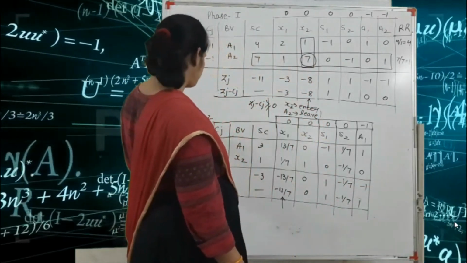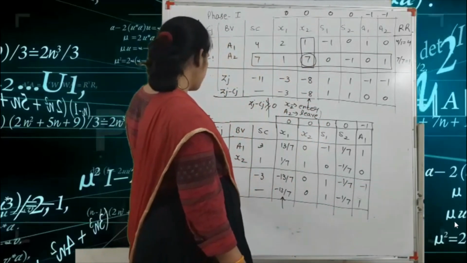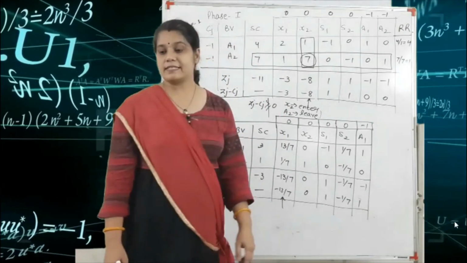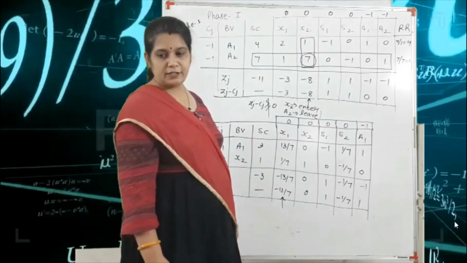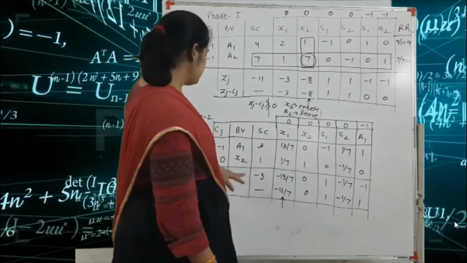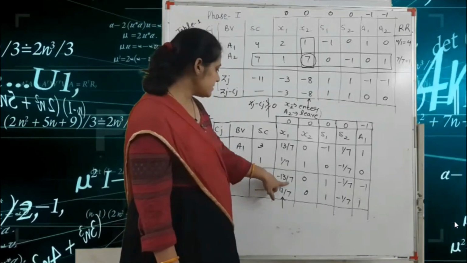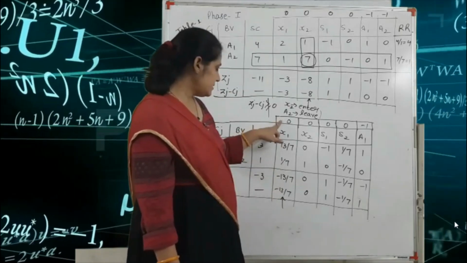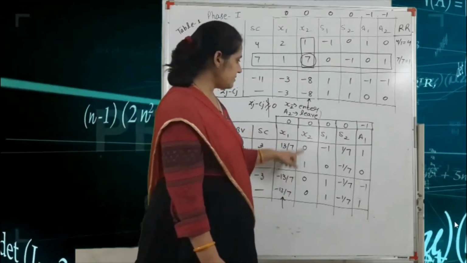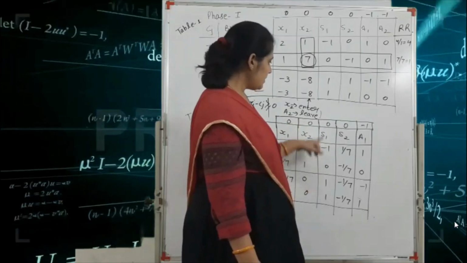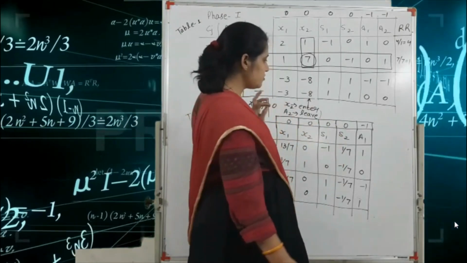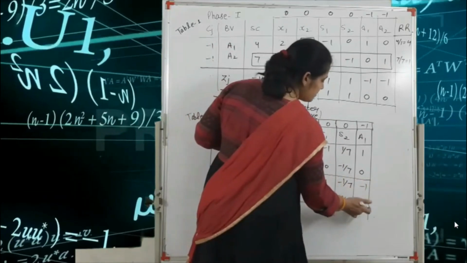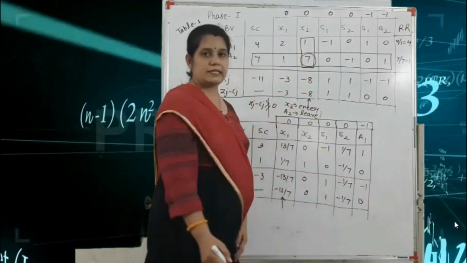Okay. So after that you write here the Zj minus Cj. For finding the Zj minus Cj value, we get minus 13 by 7 minus 0, that means minus 13 by 7, 0 minus 0 is 0, 1 minus 0 is 0, minus 1 by 7 minus 0 is 0, and minus 1 is equal to 0. Okay.